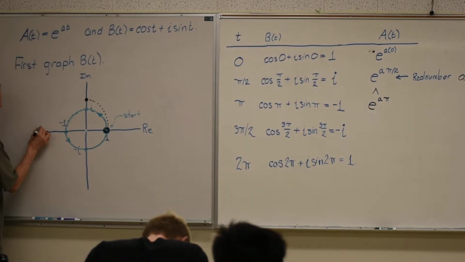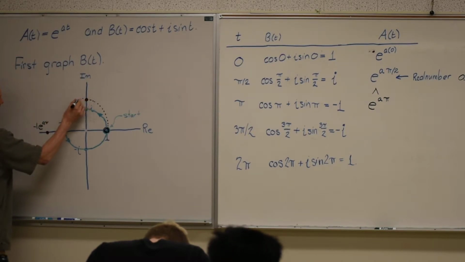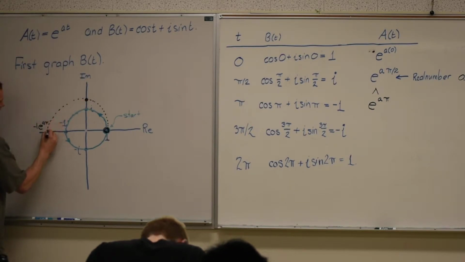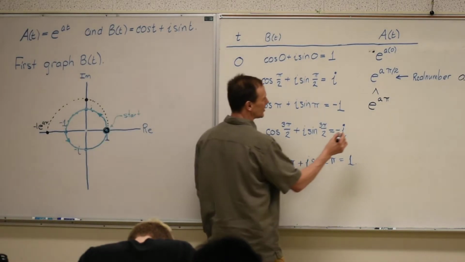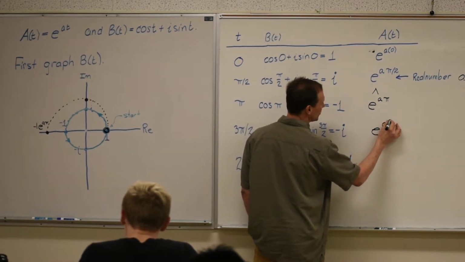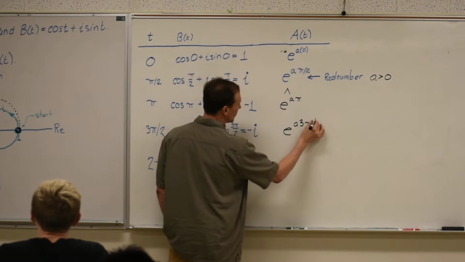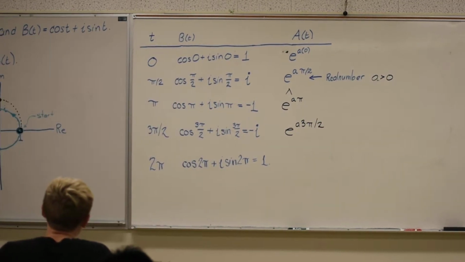So this is e to the -1 times e to the a times pi. And so we're even up further. Then at our next point, this is going to be e raised to the a times 3 pi over 2.